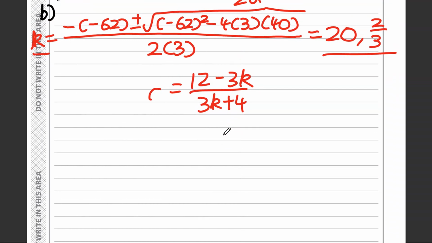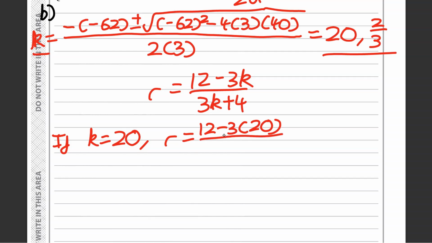So if k is equal to 20, that means that r is going to be equal to 12 minus 3 times 20, over 3 times 20 plus 4, like this here. And if you put this into your calculator, you get out a value of minus 3 over 4. Okay, so if k is equal to 20, r is equal to minus 3 over 4.